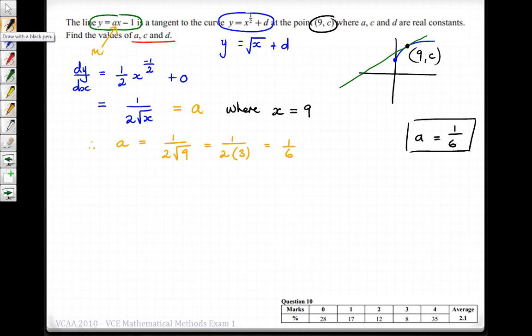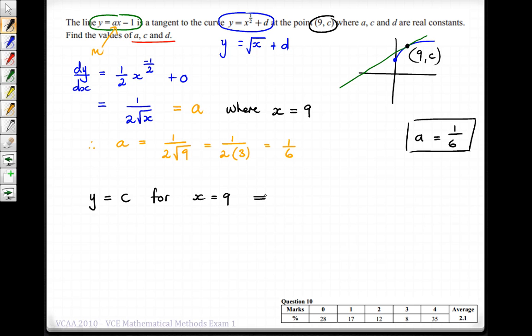So just to make that clear, we've got y equals c for x equals 9.